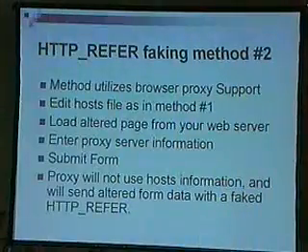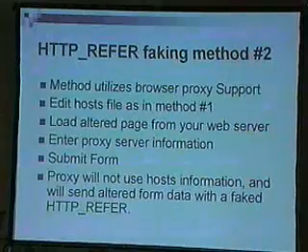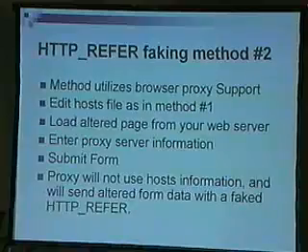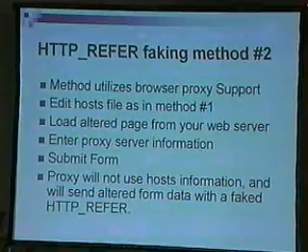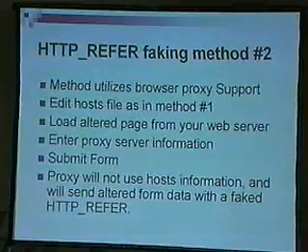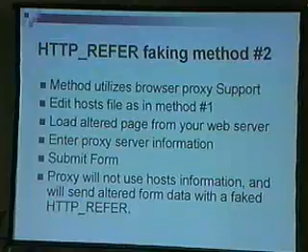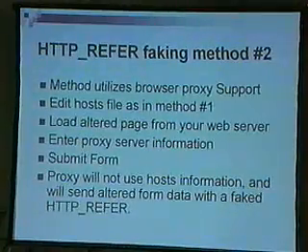The second method of faking is similar to the first one, but it uses proxy support. You edit the host file, same as you do in method 1, and then you load the altered page. But then instead of flushing the DNS cache, you can just enter information for a proxy, maybe even a secure proxy, and then submit the form.